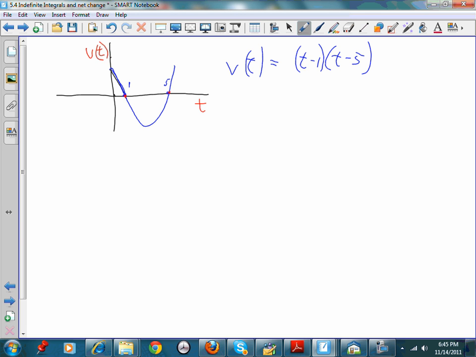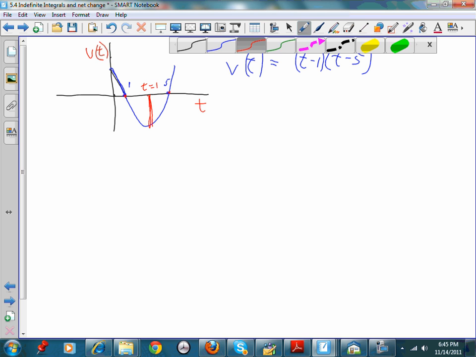And say I was interested in the change in displacement. Say I wanted to know what was the change in position from s equal to 0 to s equal to, oh, I don't know, 3. Oops, that's supposed to be 3 right in the middle. That's t equal to 3.